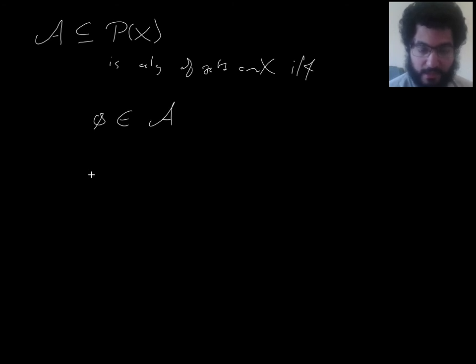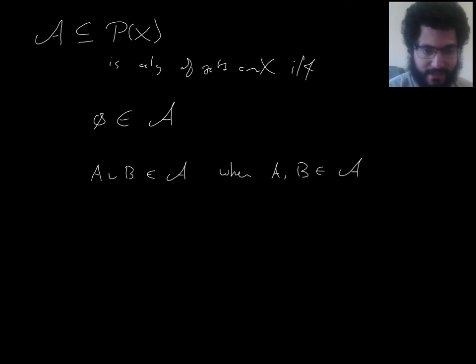If you have a collection of subsets of X, then it's an algebra of sets on X if and only if it contains the empty set and it's closed under unions, and it's closed under complements.